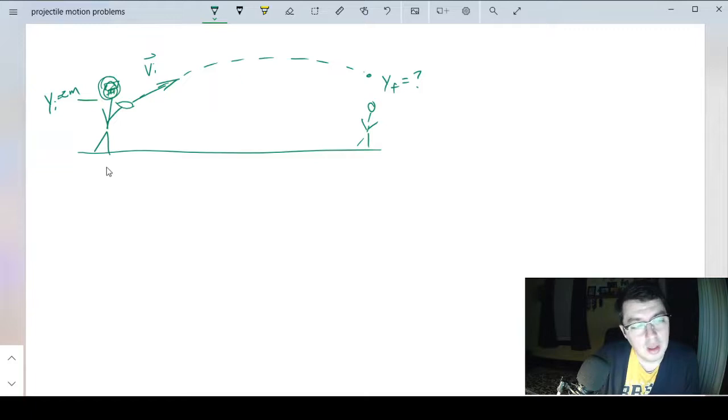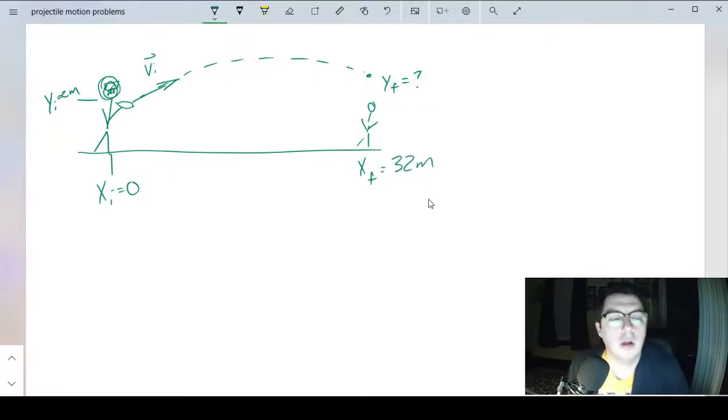Furthermore, if x initial is 0, x final was 35 yards, which is about 32 meters. Looking at that dotted line trajectory, starting and ending at the same height, like the previous problem with the golf ball, is not true in this problem. We're starting at 2 and we're ending somewhere else. I don't know what my final height is.